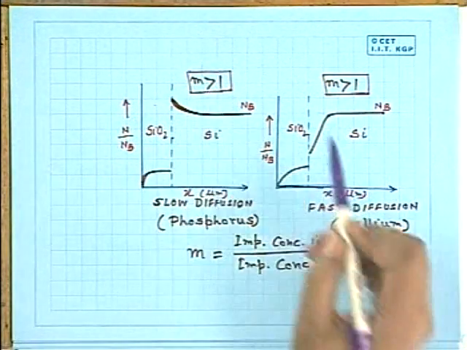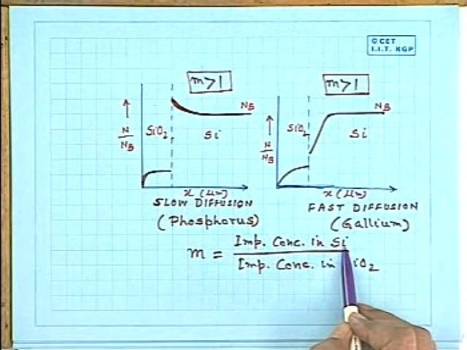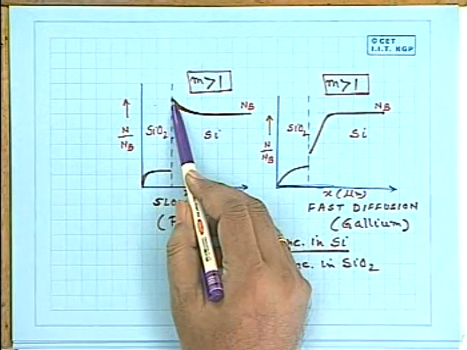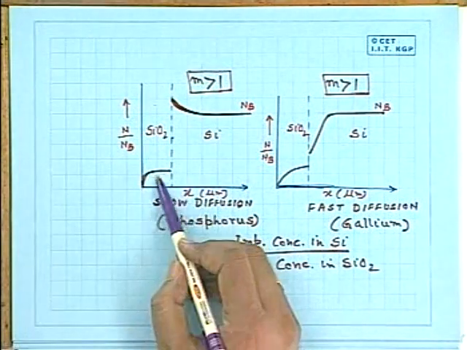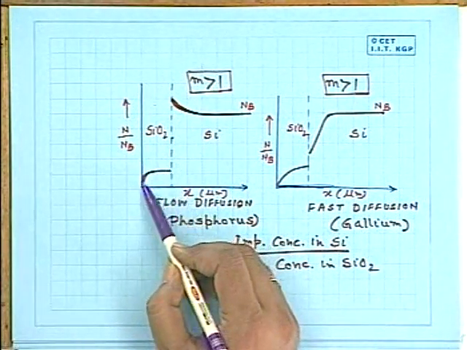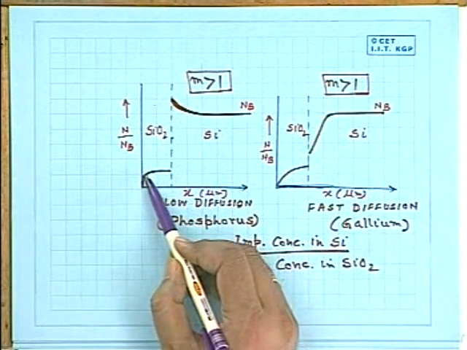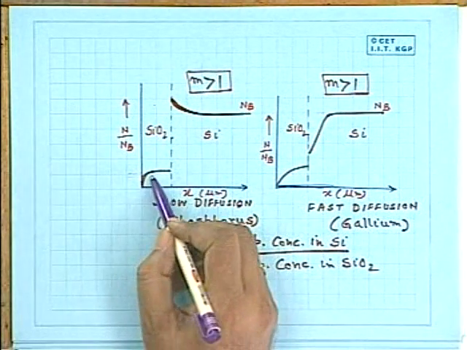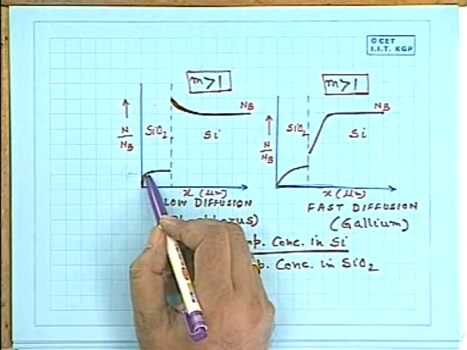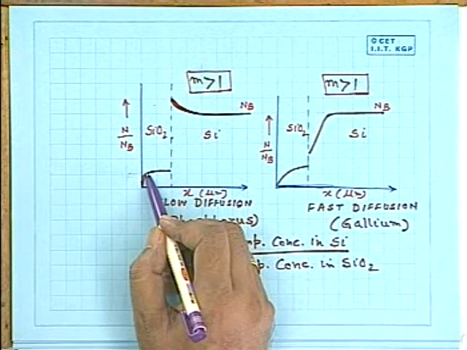This m greater than 1 means in silicon it will be high. At the silicon side it is always high compared to this point. But slow diffusion means the profile of this curve will be something like this. Only at the surface it slowly diffuses into the ambient, which is known as evaporation, loss of impurity atoms.